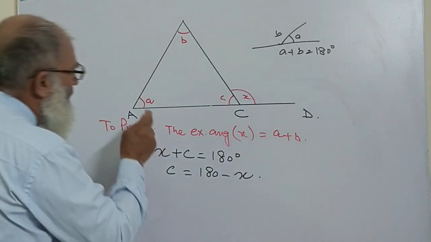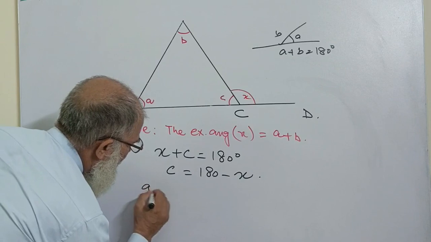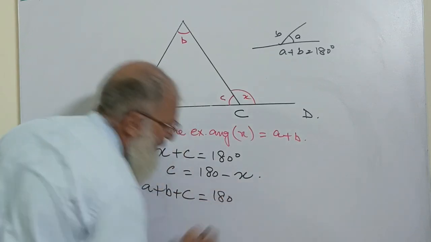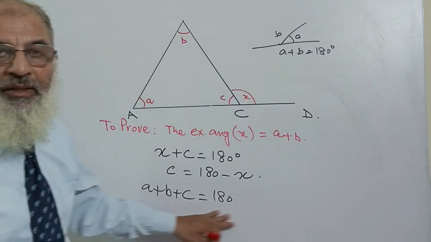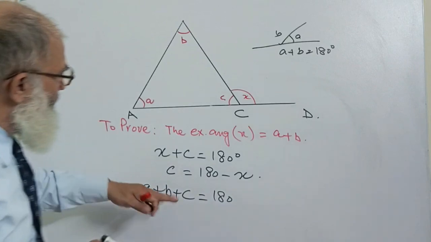And A plus B plus C is equal to 180 degrees. This we know from the previous proof.